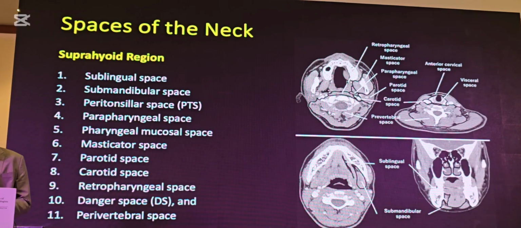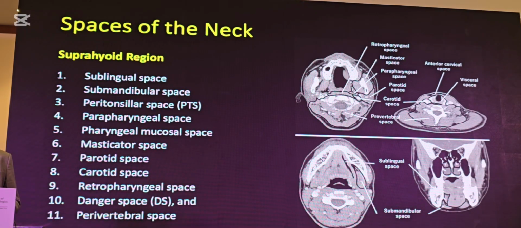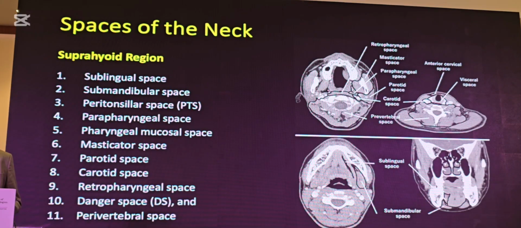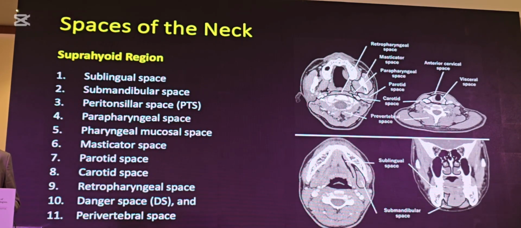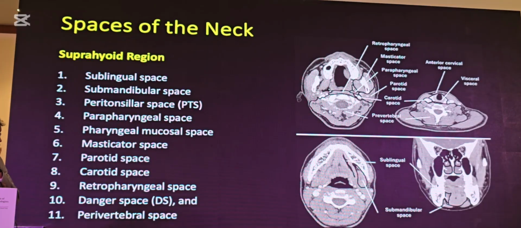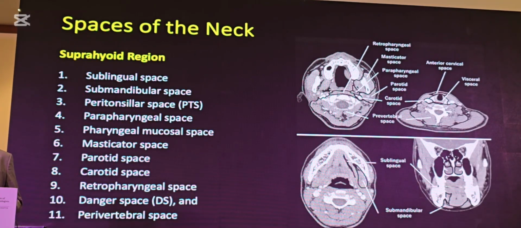So next, if you see this image, what is this bone? I keep talking. What is this bone? Mandible? Ramus. Ascending ramus of mandible. So this structure, which is lateral, is the masseter, and medial, medial pterygoid.